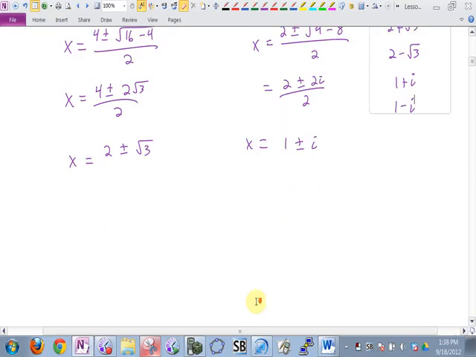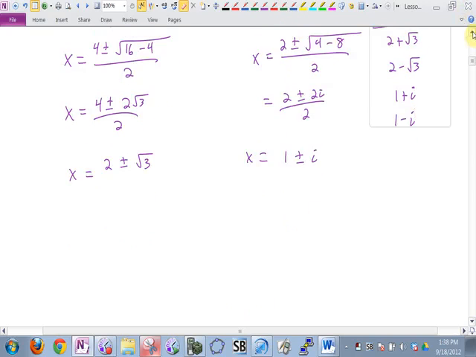What if I were to ask you, factor this degree 4 polynomial completely over the set of complex numbers? What would you write? How many factors would you be writing down?